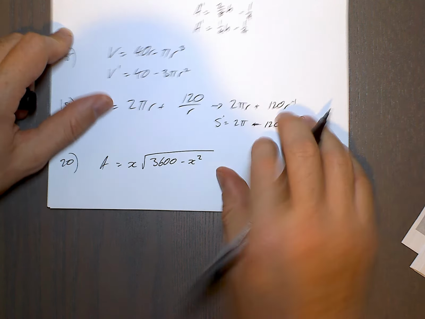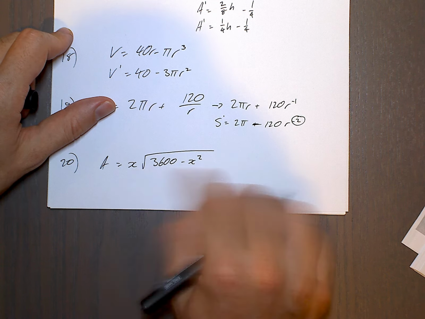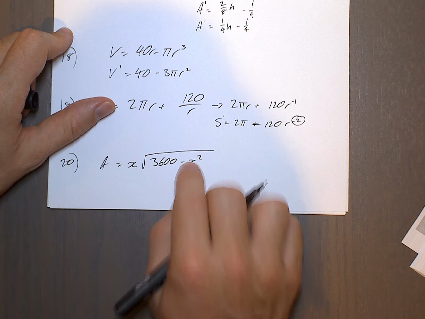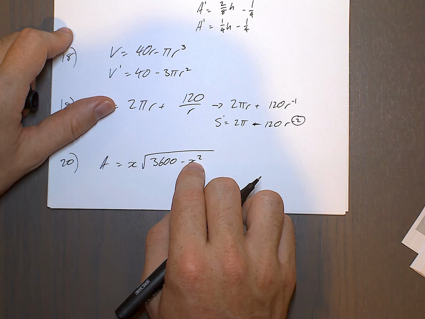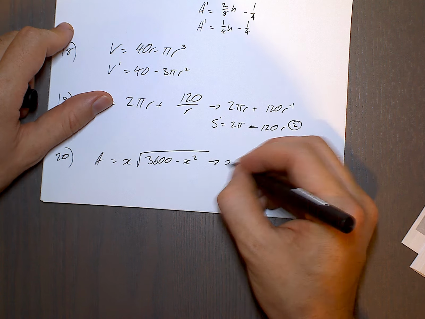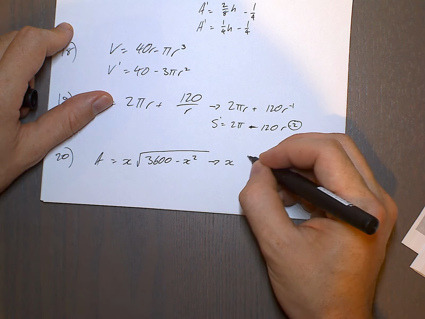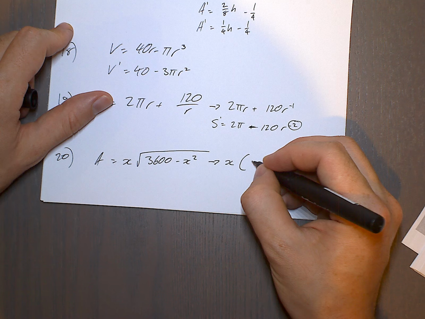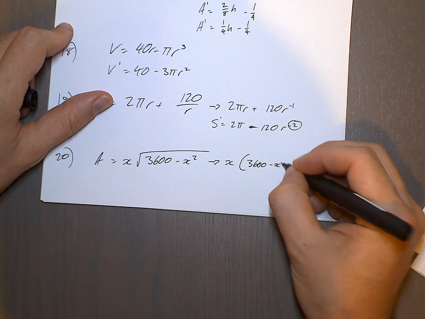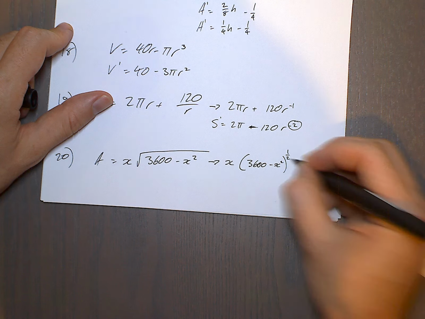Okay? And lastly, I think some of you might have forgotten how to write the square root as an indice. What that actually translates to, the x will stay the same. I'm going to put it in brackets, 3,600 minus x squared, to the power of half.